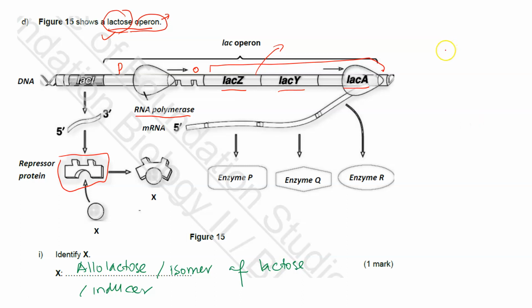When you look at the lac operon, it involves genes found in bacteria, in this case E. coli. There were scientists back then who studied this operon by growing the E. coli in a medium.